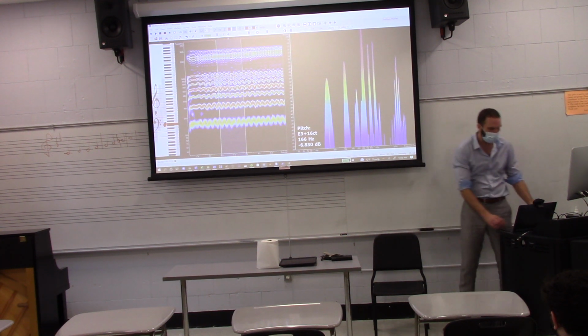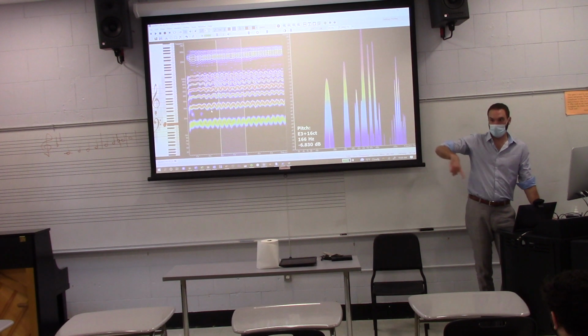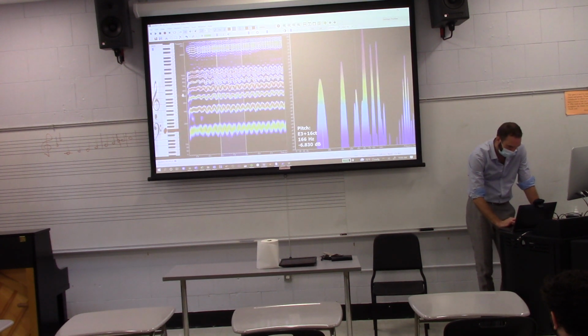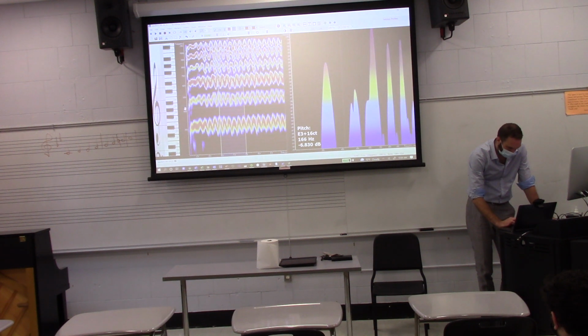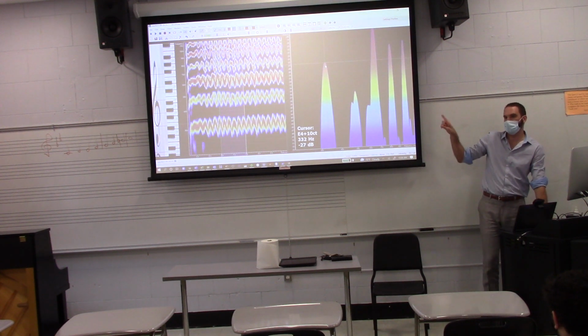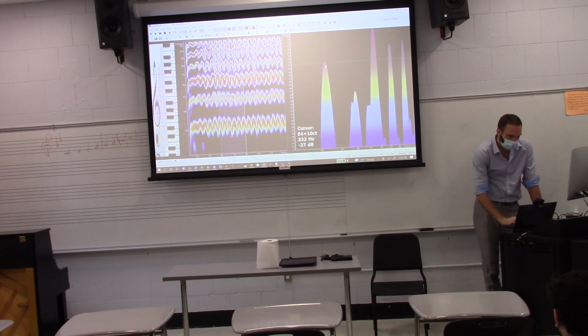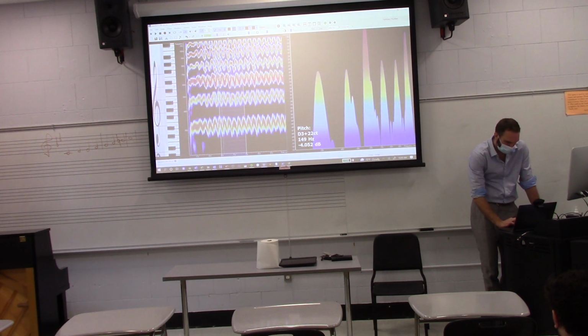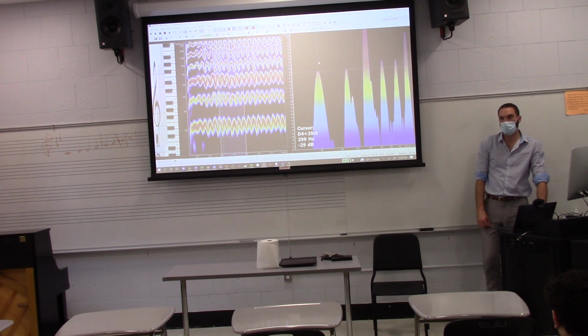So then if I want to figure out what my extent is, how wide the wiggles go, I can also zoom in here and find where one of the peaks is, and that's at E4 plus 10 cents. Then I look for the valley, and that's at D4 plus 29 cents.